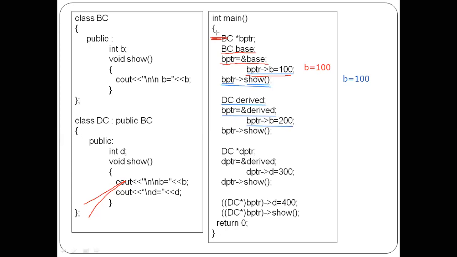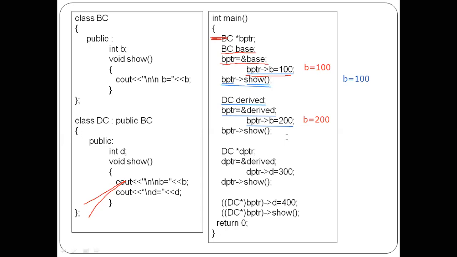So now, what is the value of b? Again you are going to initialize the same b variable. The b variable is available because we inherit all the properties from the base class to the derived class. So now b becomes 200. Yes, clear?